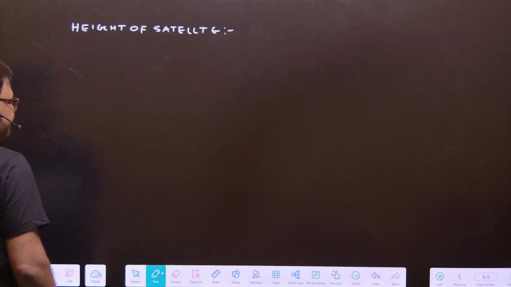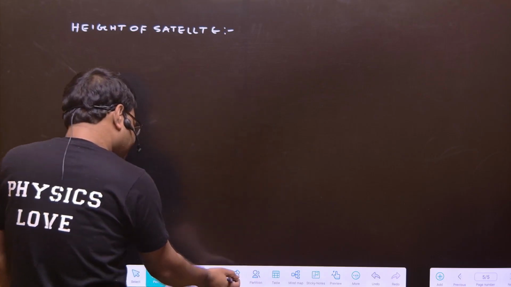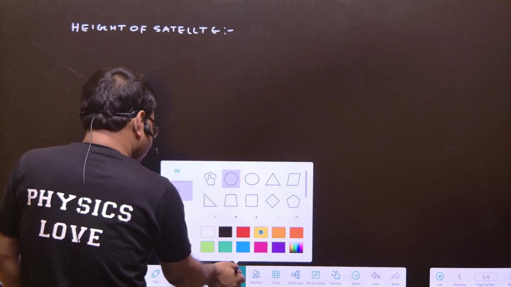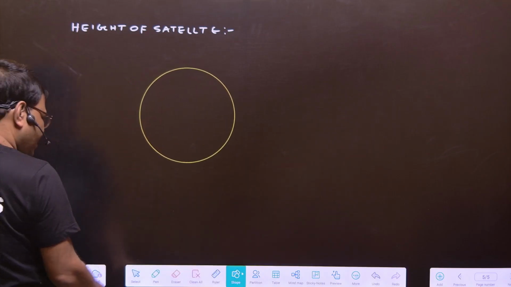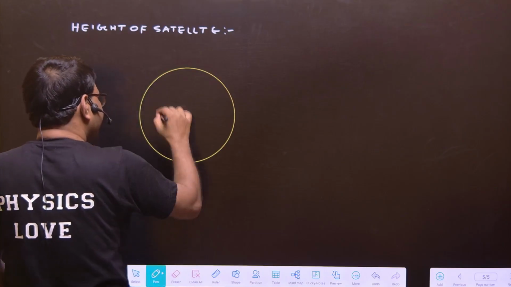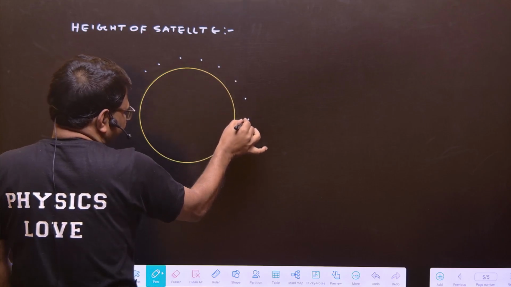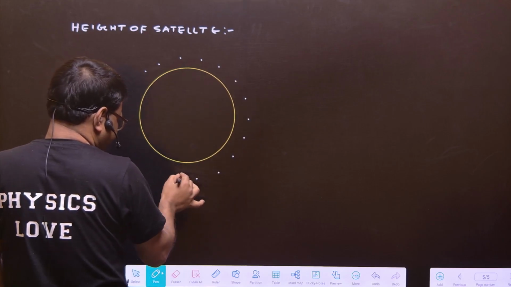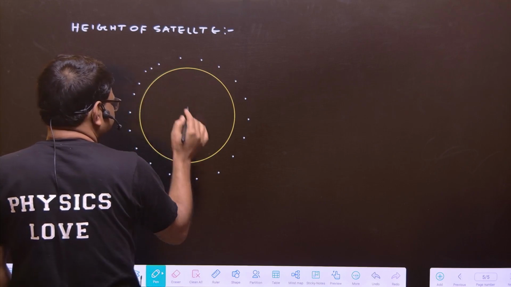Now see here. Again assume this is the Earth. And the orbit is like this. This is the orbit. And one satellite is revolving around this orbit.